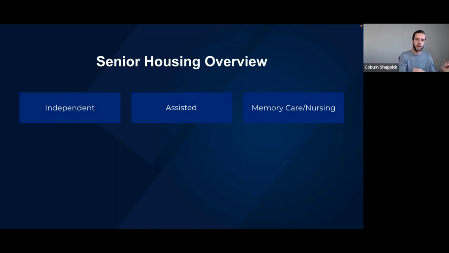They just want to go into a property, not have to take care of it, not have to mow the lawn anymore. They just want a nice place to live. They might have some great amenities: pickleball courts, tennis courts, swimming pools. They might even have restaurants on site, gyms, etc. These are independent living properties for 55 and older.